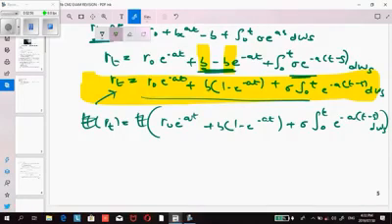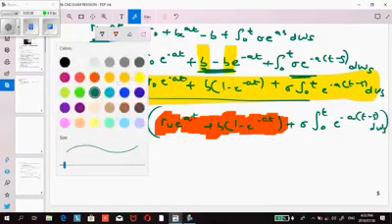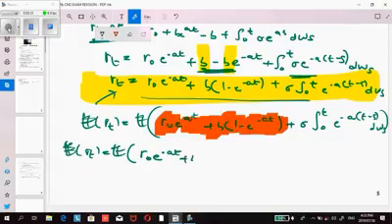Now, do you agree with me that this here is just a constant, and the expectation of a constant is a constant? So in order for you to see, I'm going to say the expectation of R sub t is equal to the expectation of R sub 0 e to the minus at plus b into 1 minus e to the power minus at, plus sigma.